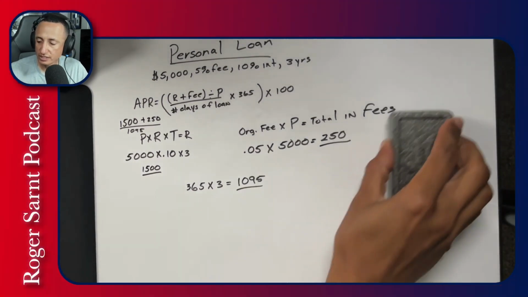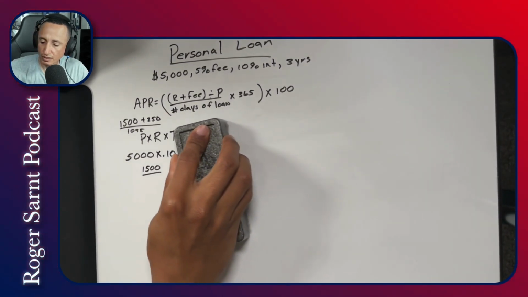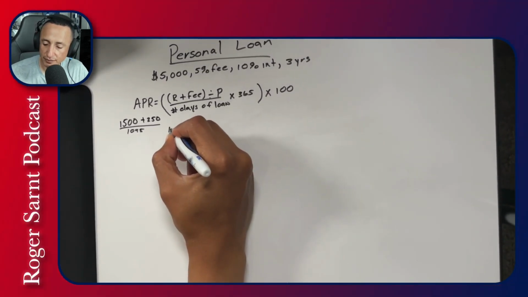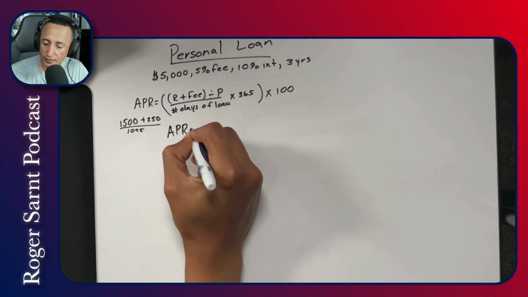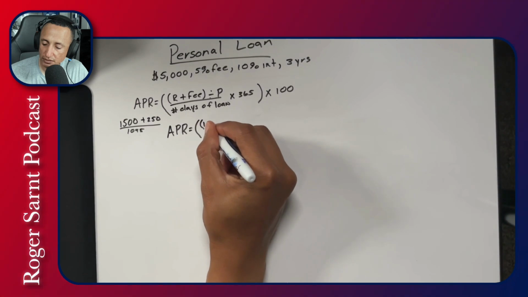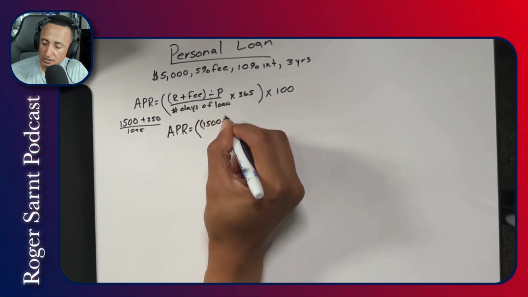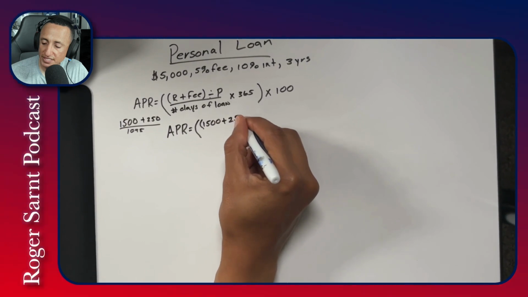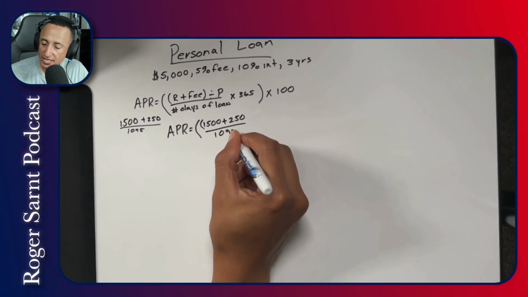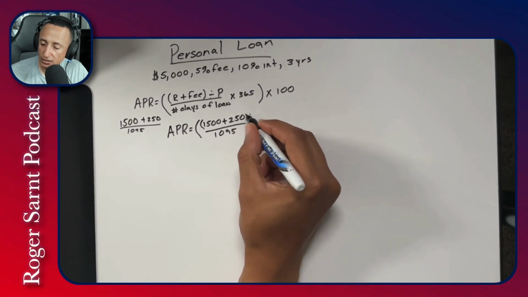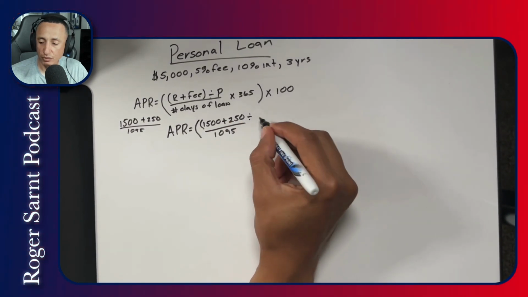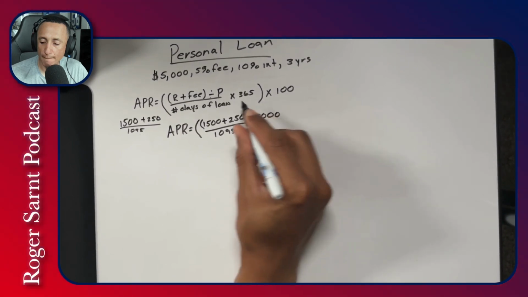So let me go ahead and erase this and get this out the way. So let's write the equation again. APR is going to be equal to $1,500 plus $250 over 1,095 days, and we're going to divide the total sum of the 1,500 plus the 250 by the 5,000, which is the principal.